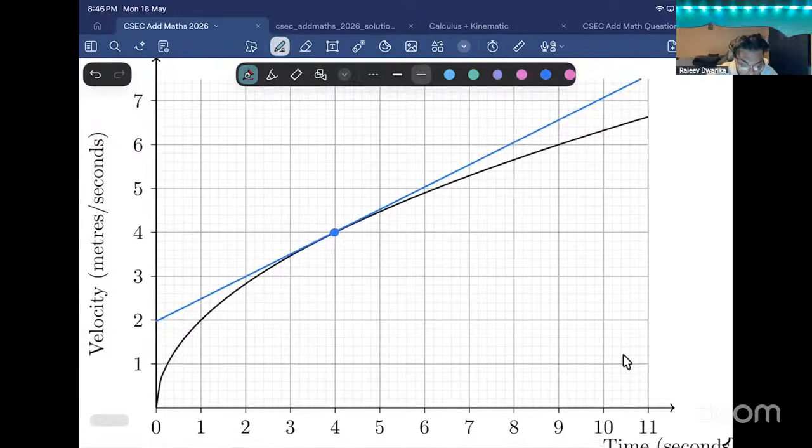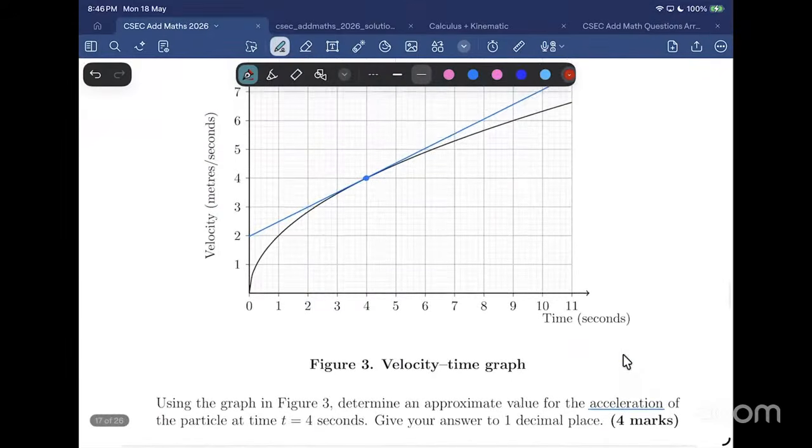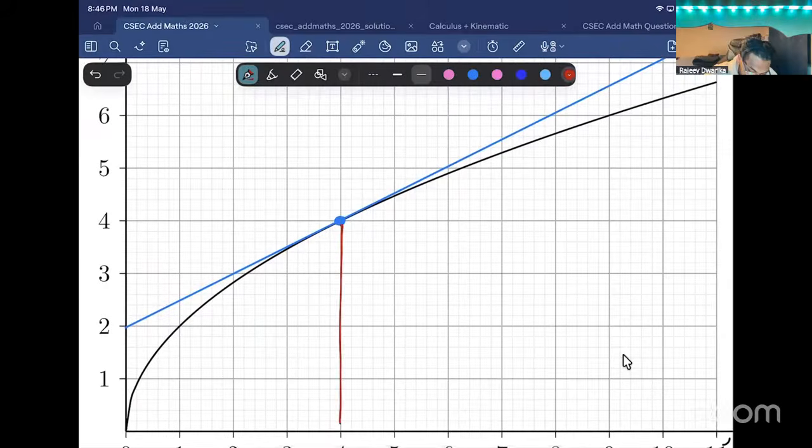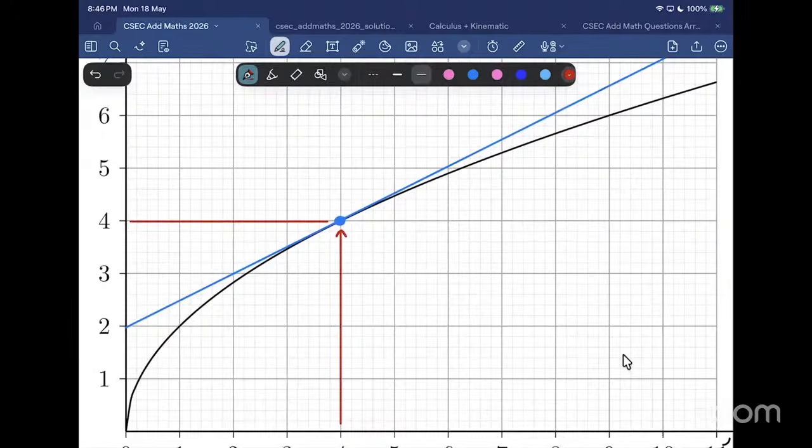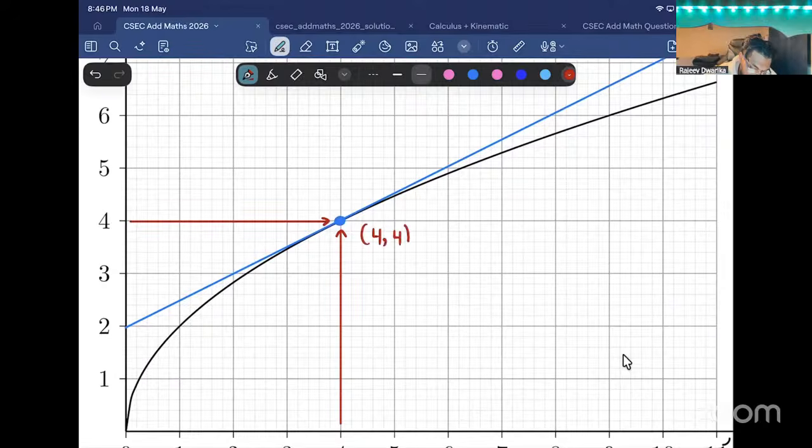Let me show you something real simple, right? If it's at t is equal to 4, so right here, we could use this point if we want. What would this point be? 4, 4. And we could also use this point over here if we want.